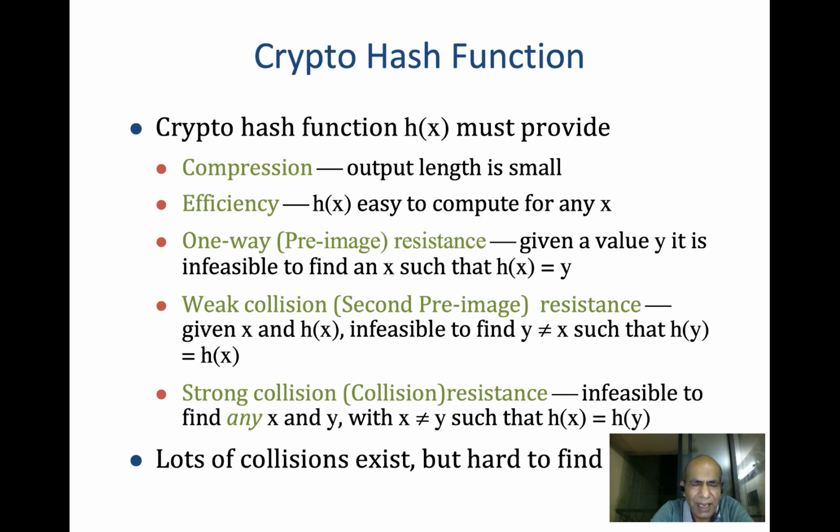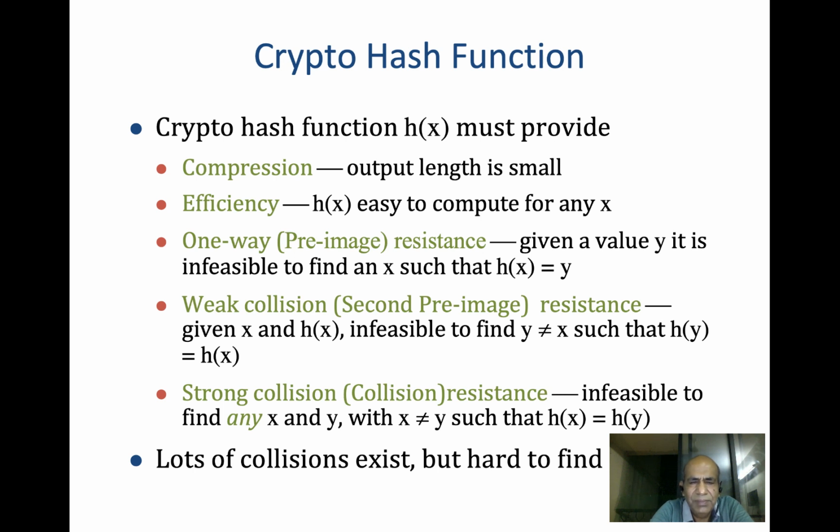Given some value x, meaning some plain text or string input, and its hash value, given that pair, it is impossible to find any other input y such that H of y is equal to H of x.